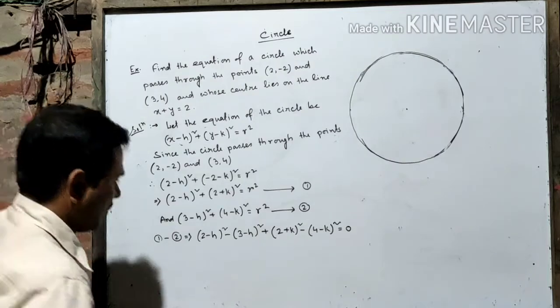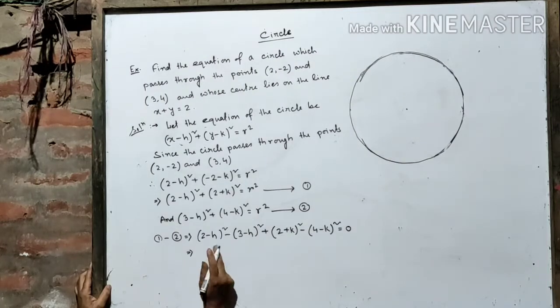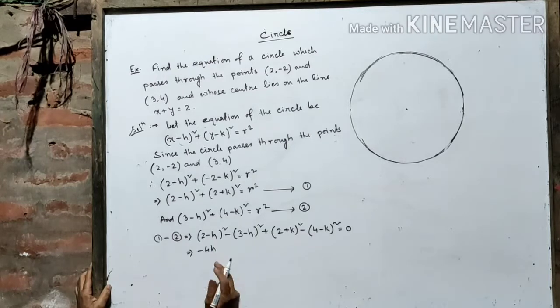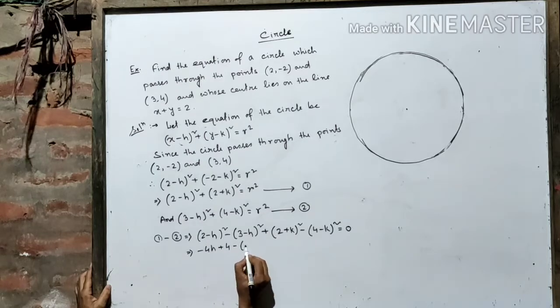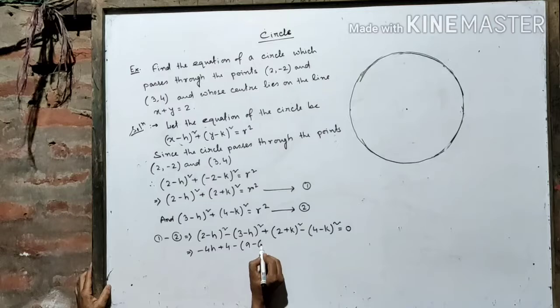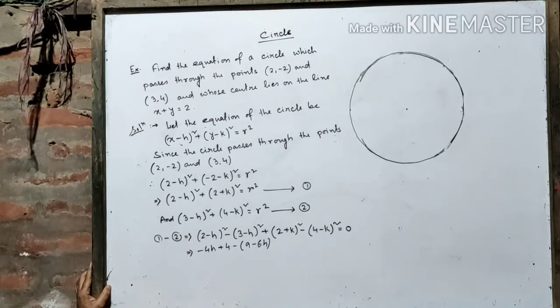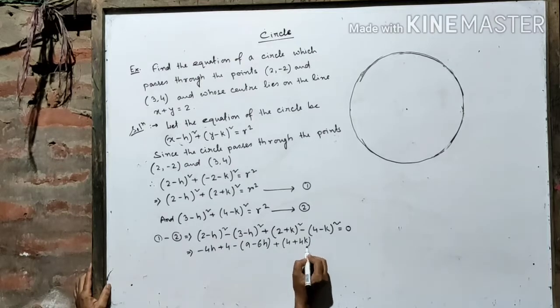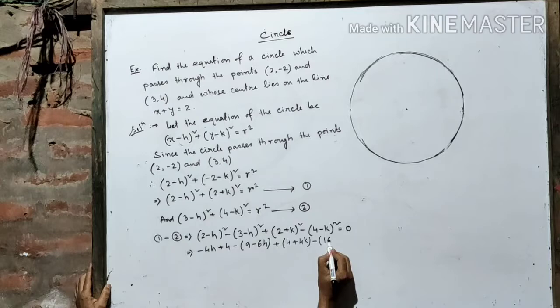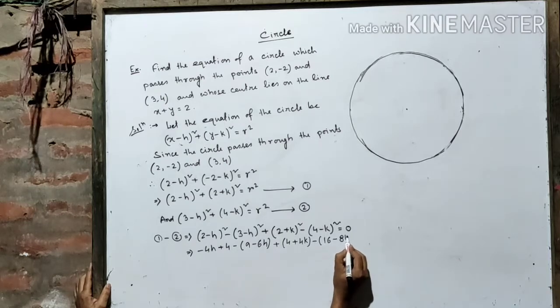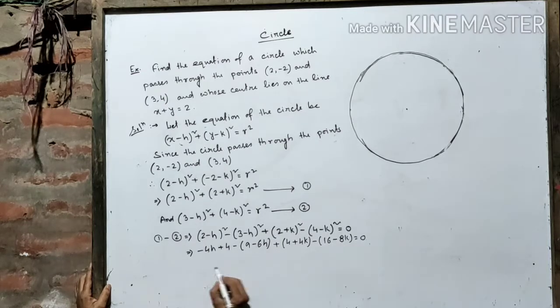On simplification, h² will be cancelled. Here will be −4h plus 4 minus 9 minus 6h plus 4 plus 4k minus 16 minus 8k is equal to 0.